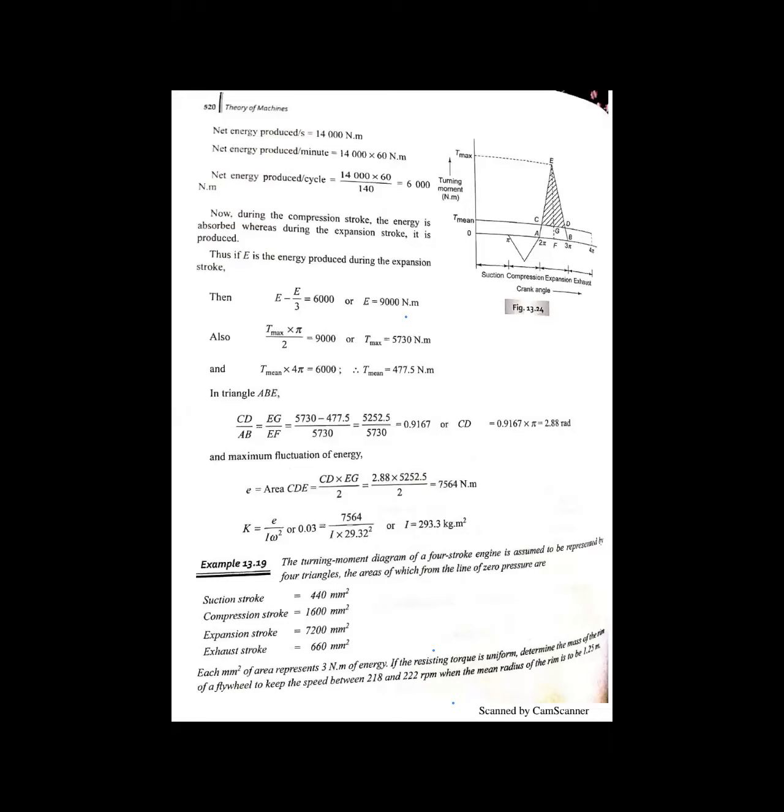Each mm square of area represents 3 Newton meter of energy. If the resisting torque is uniform, determine the mass of the rim of the flywheel to keep the speed between 218 and 222 rpm, when the mean radius of the rim is 1.25 meter. That is the problem.